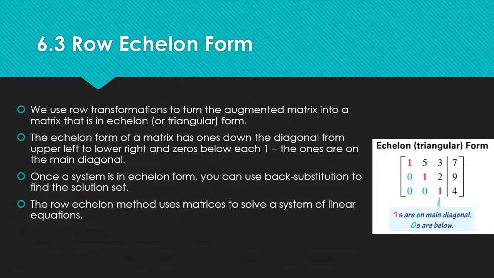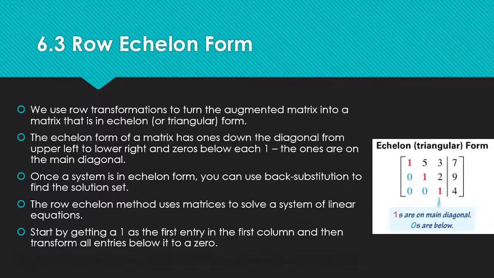The row echelon method uses matrices to solve a system of linear equations. You start by getting 1 as the first entry in the first column, so you do what you need to do to make that happen, and then you transform all the entries below that to 0. To get a 1 in the first column, usually you're going to multiply the first row by something to make that happen.